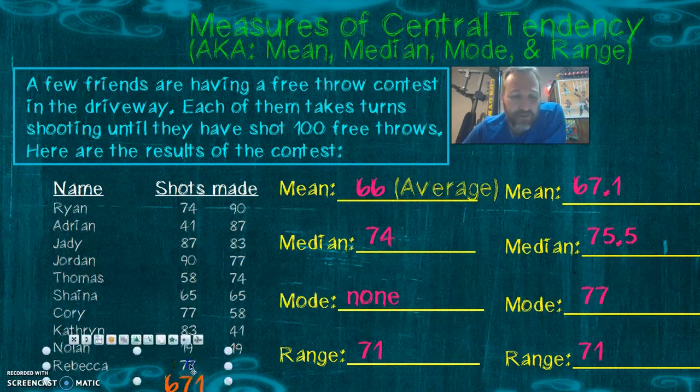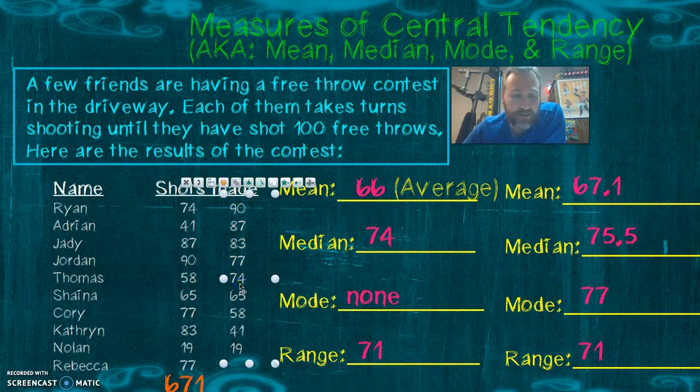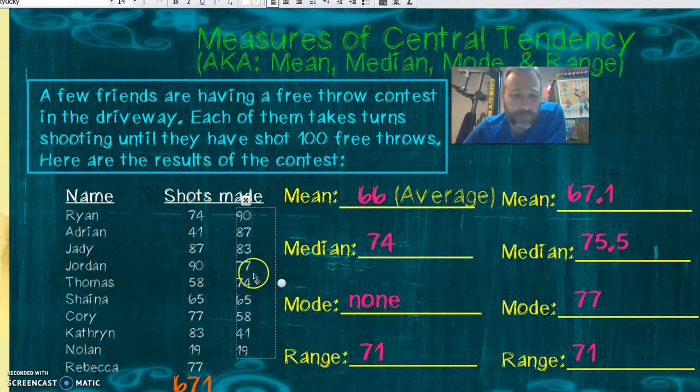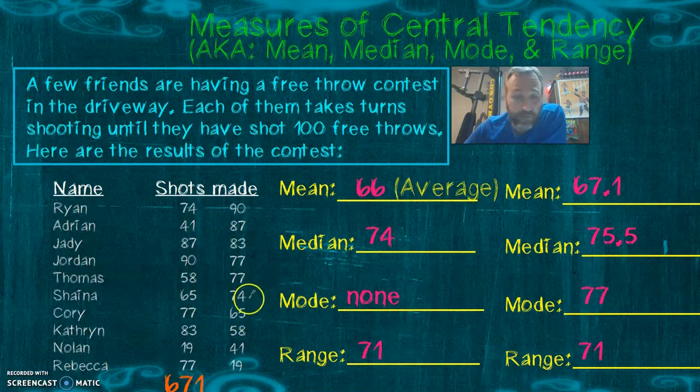Then when you line these numbers all up, and you take 77 here, and you put it in this set, that would be 90, 87, 83, 77. Let's add that in. We'll just put a 77 here. And now we have 1, 2, 3, 4, 5. And then that second 77 is my fifth number, and I go 1, 2, 3, 4, 5. So what's the middle number now? The middle number comes between the 77 and the 74.